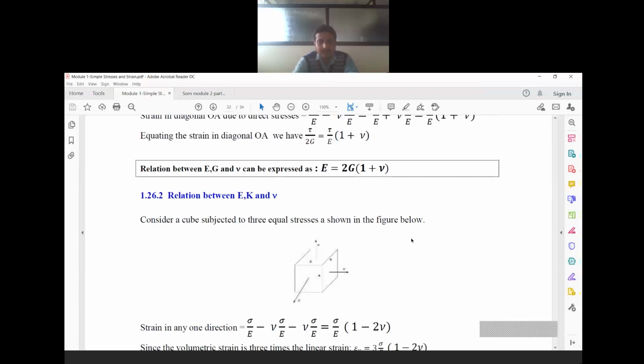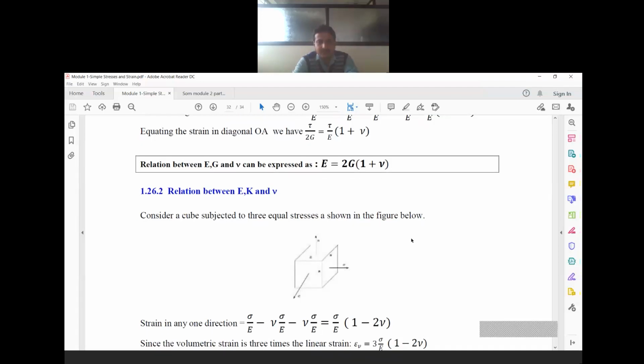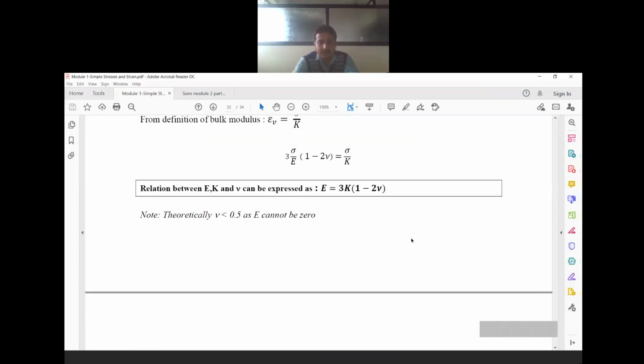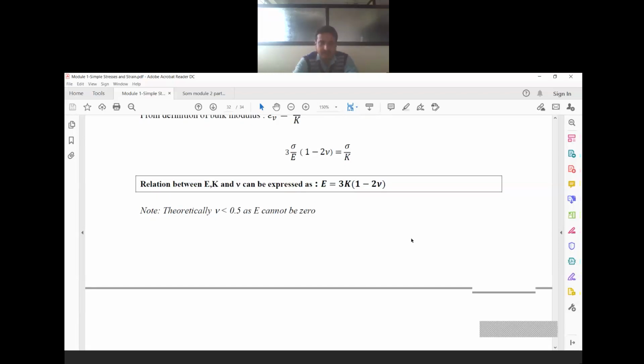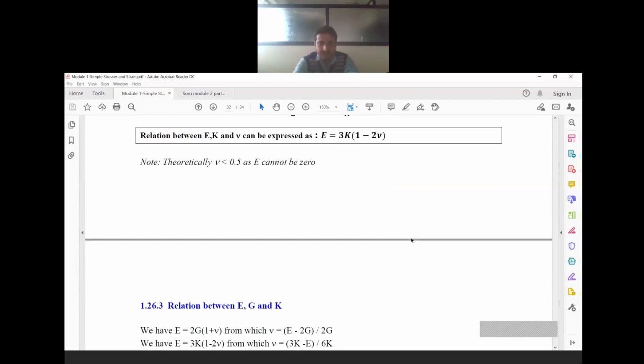So rigidity modulus 2G, 1 plus nu we have got, and here you can observe since we have taken the 3D diagram, we will get the volumetric strain or this bulk modulus, 3K into 1 minus 2 nu. So you can also observe that in the previous equation we have 1 plus nu. Okay, that is a difference. So don't get confused. You should remember all these formulas.